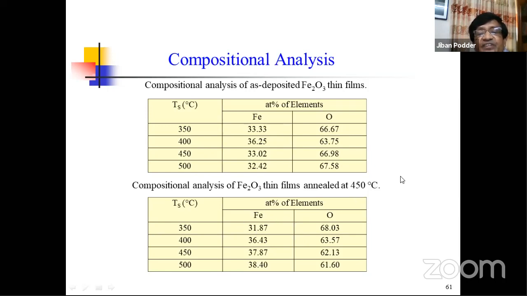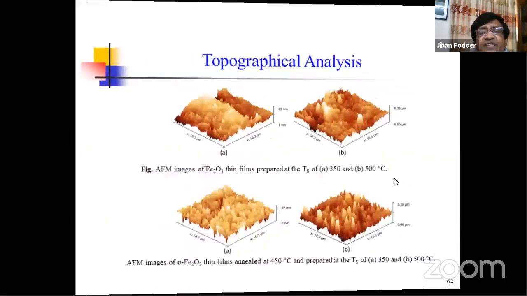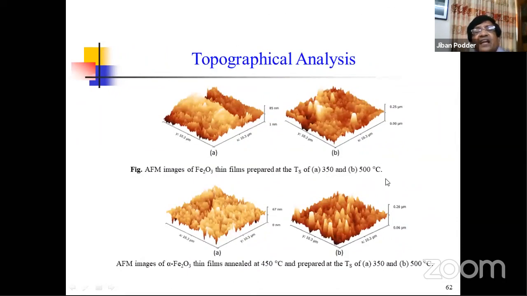Next, you see the topographical analysis. If you want to see the three-dimensional views of the formation of the films, then you need to study the AFM. AFM will give you more information about the three-dimensional image.